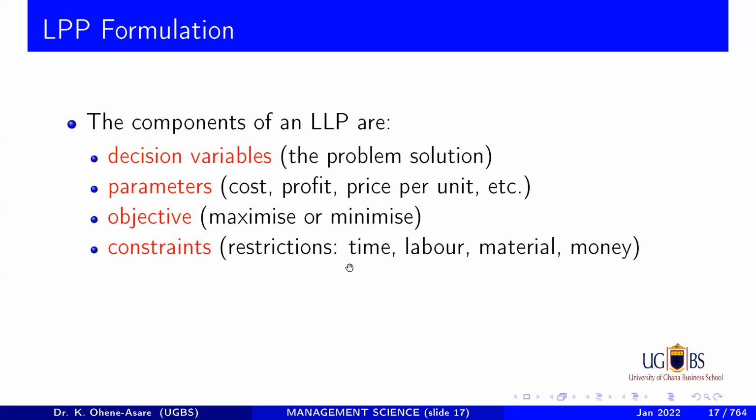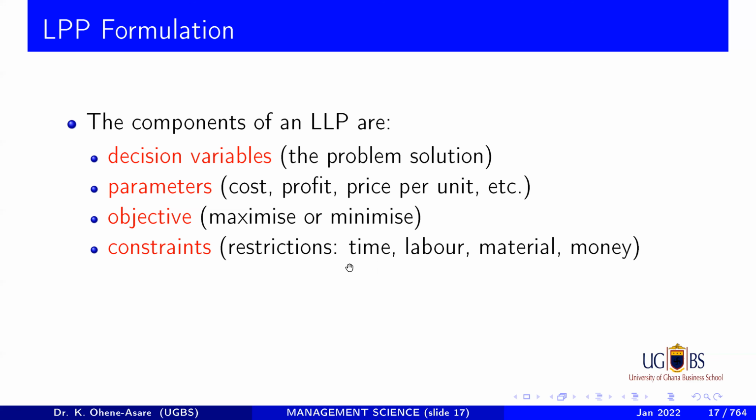Let's take, for example, you want to go into the production of shirts, shorts, pants. That's what you want to go into the production of. Of course, there are going to be some materials you're going to use to do this production.